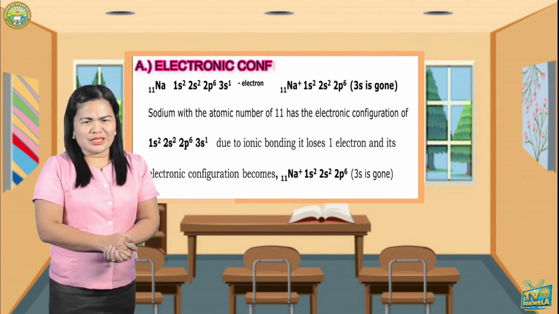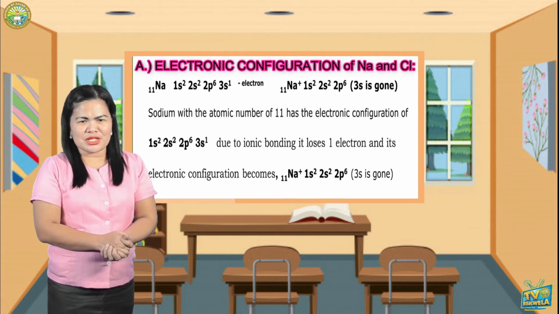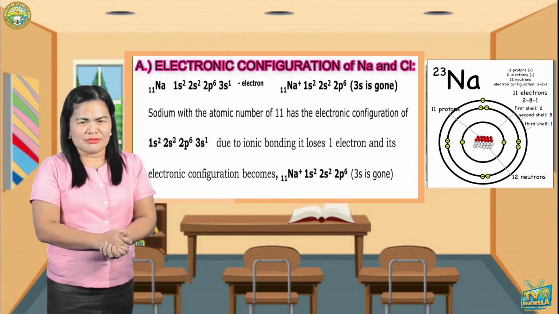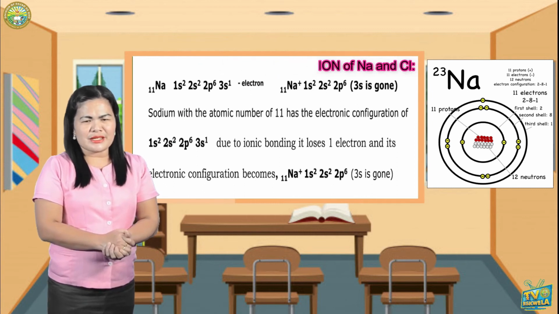Due to ionic bonding, it loses one electron, and its electronic configuration becomes sodium positive with atomic number of 11, 1s2, 2s2, 2p6. 3s is gone.